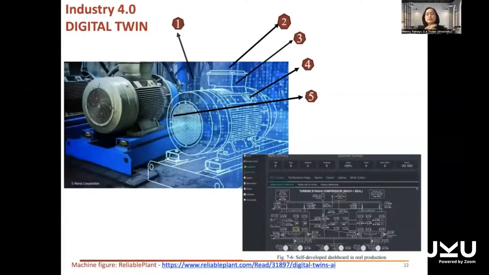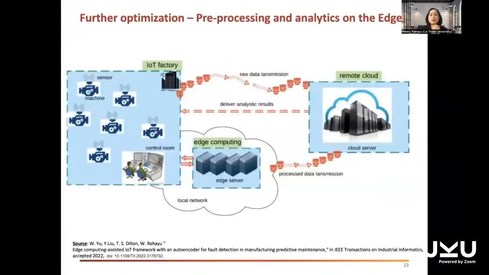As a result, we have this dashboard which allows us to see the condition of the different spare parts within the machine that I showed before. We also do further optimization by using edge computing.